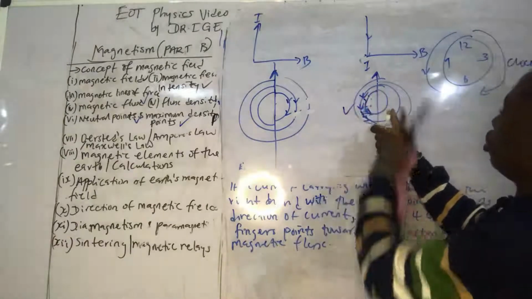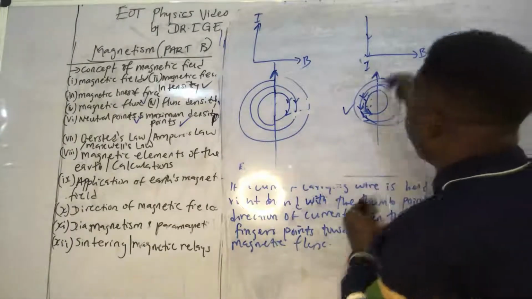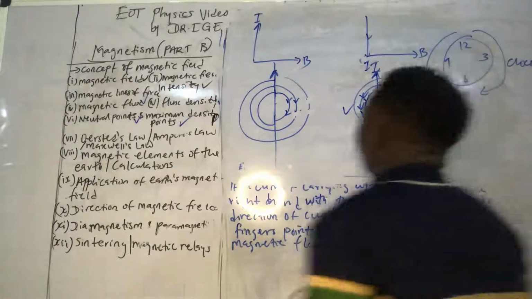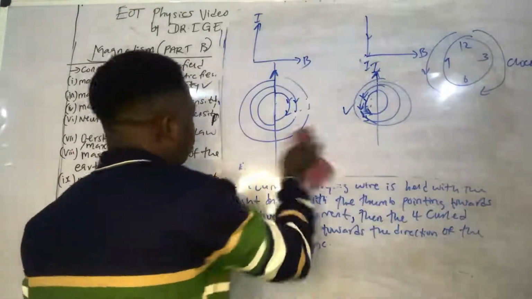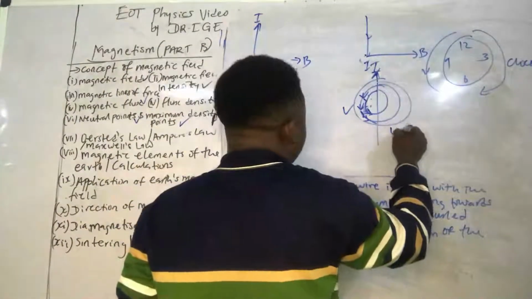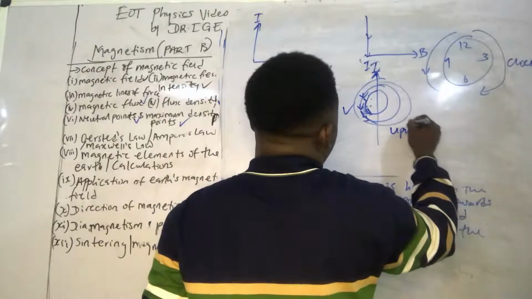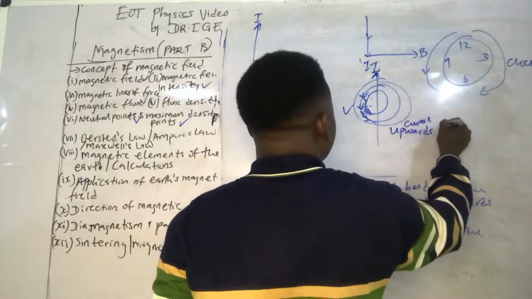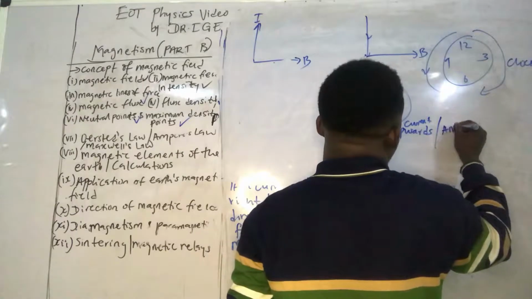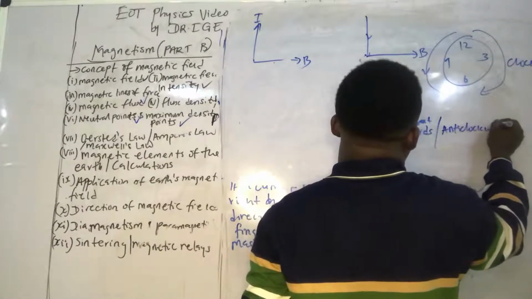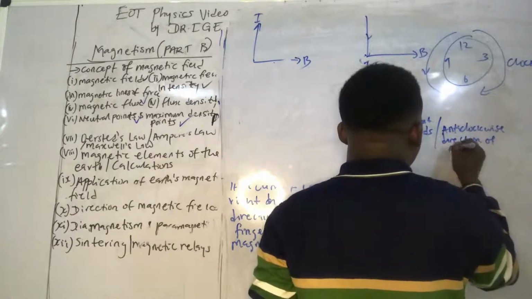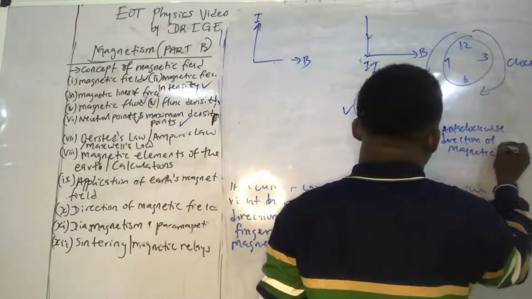So when the current is flowing upwards, this is the direction of the magnetic flux. That is correct. This one is wrong. When the current flows upwards, we have an anti-clockwise direction of magnetic flux.